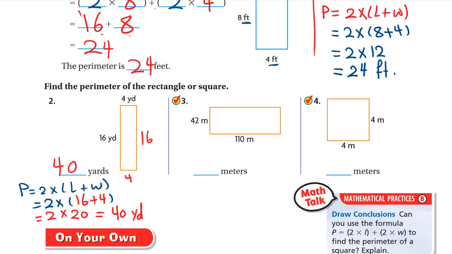Okay, here's number 3. I need also the perimeter of this rectangle, so I can write the formula P equal. Okay, so let's use the same formula here. 2 multiply length plus width, which is equal to 2 times the length and width here, which are 110 plus 42.